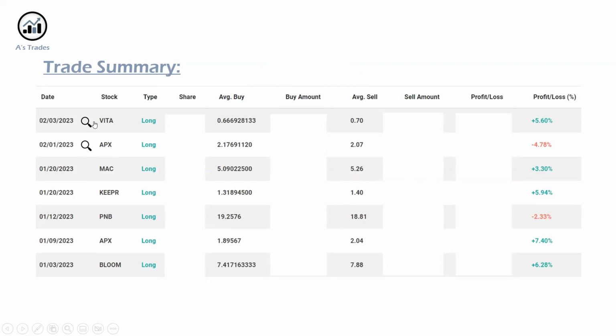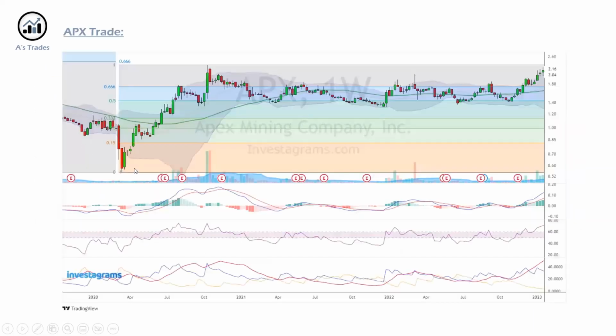So let's start. Let's take a look first at APX, which I traded again, but lost by 4.78%. Here is the weekly chart prior to my entry.